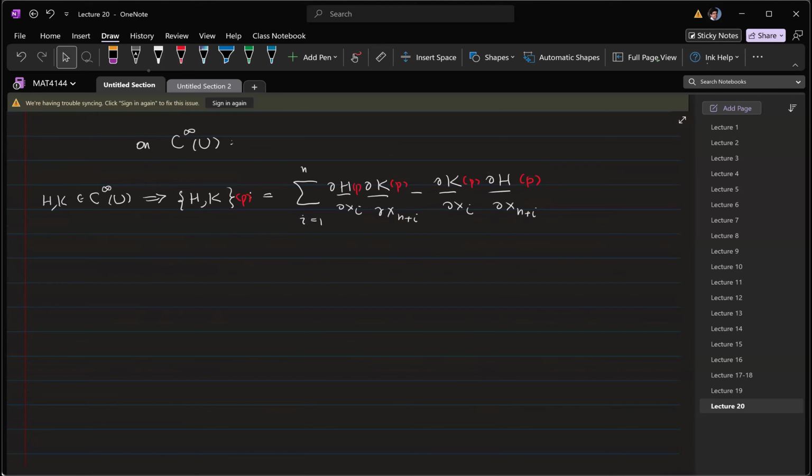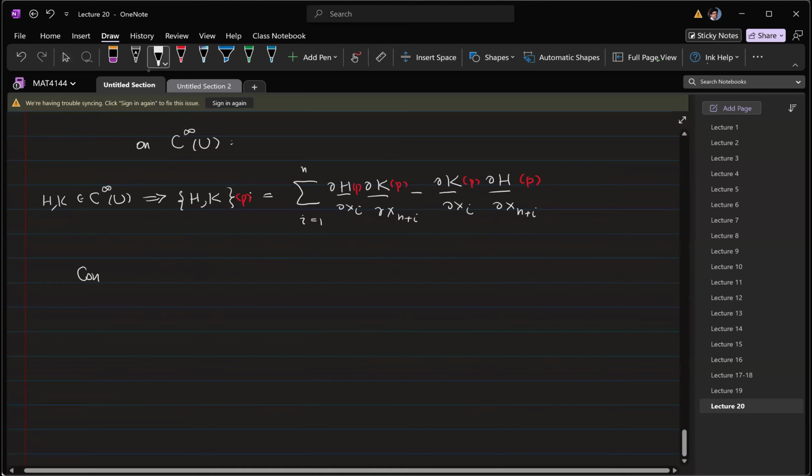So, consequence: the operation, which is this curly bracket, is a Lie algebra bracket on the space of functions.